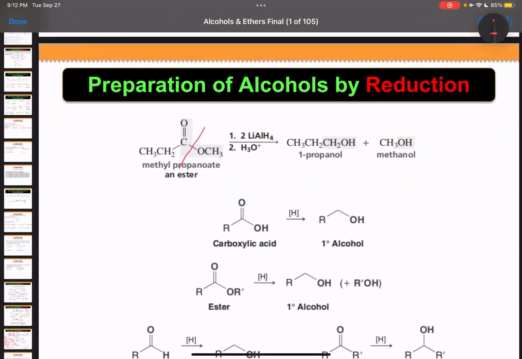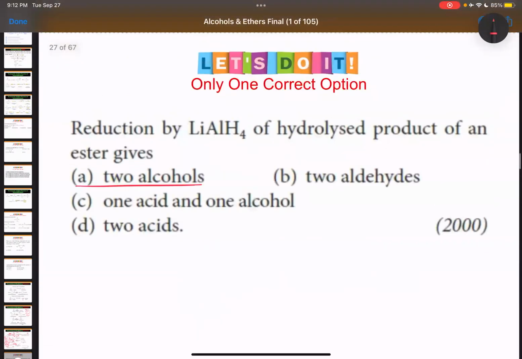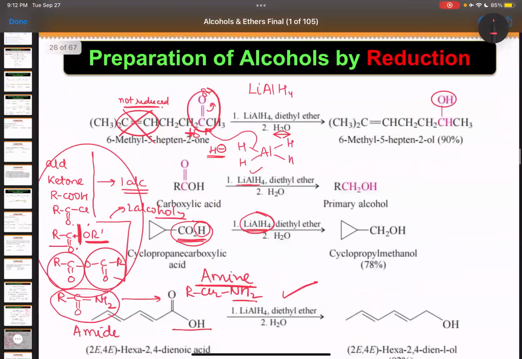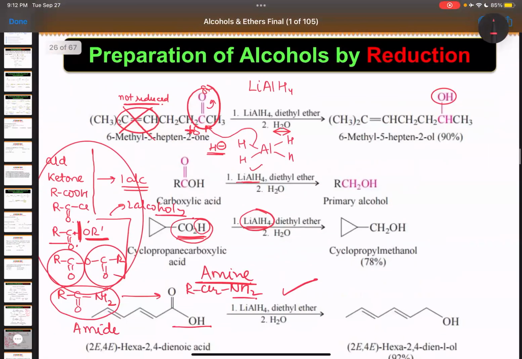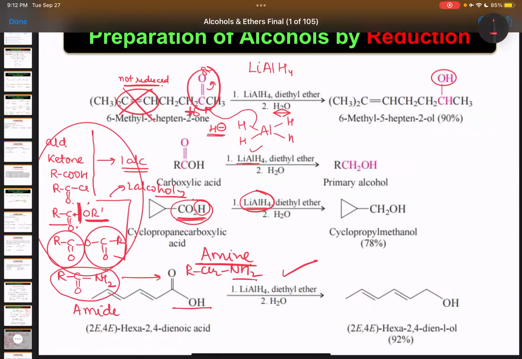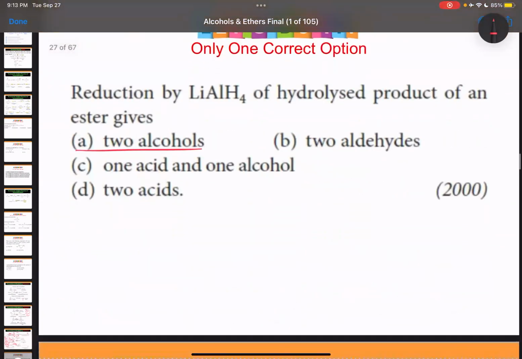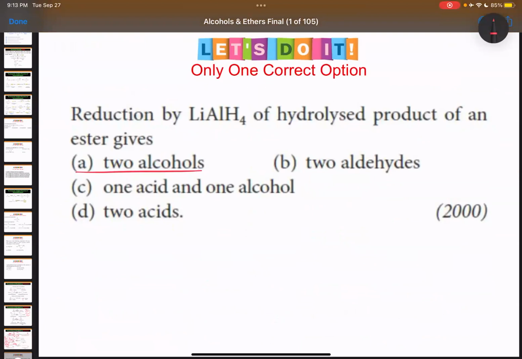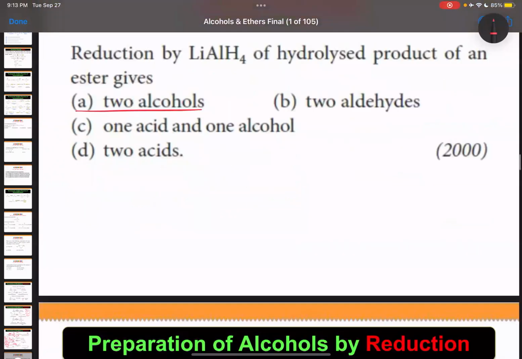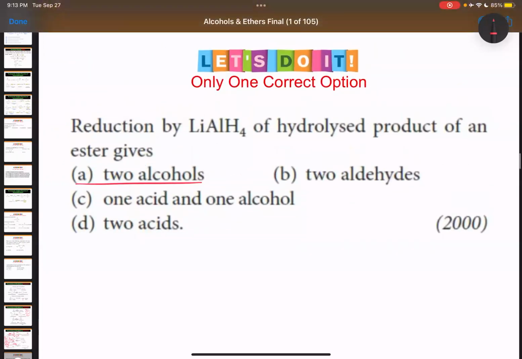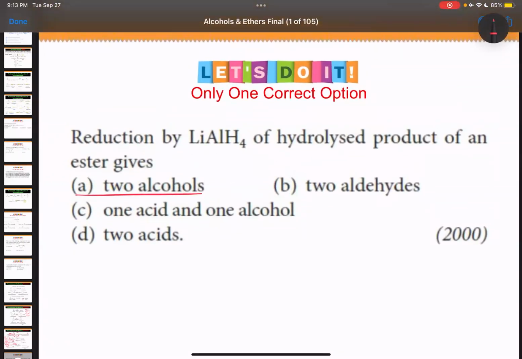Sir, can you show the figure for the previous slide? Okay. LiAlH4 can reduce esters, and ester and anhydride will give you 2 alcohols, right?